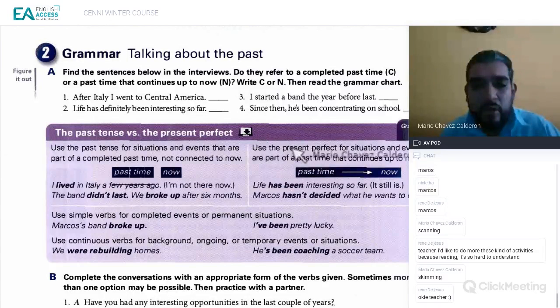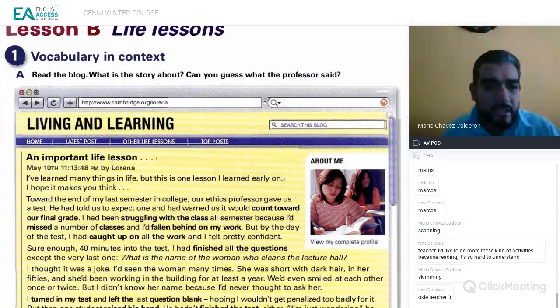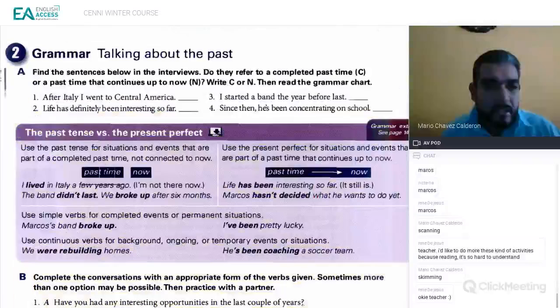Write C or N, then read the grammar chart. I want you to tell me here in the chat. If it is completed, write C. If it continues up to now, write N. Number one, after Italy, I went to Central America. C or N? What do you think?